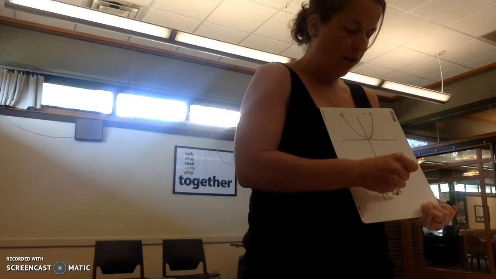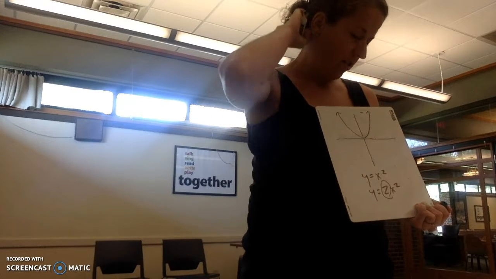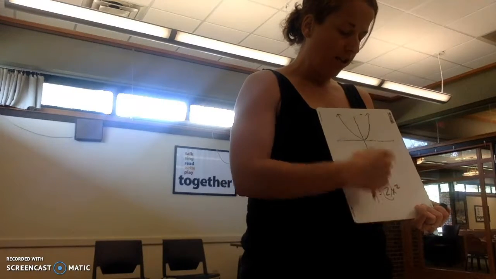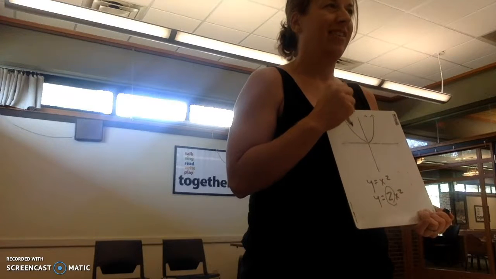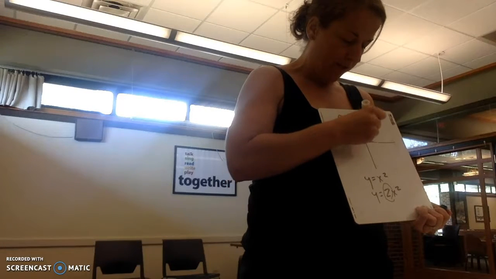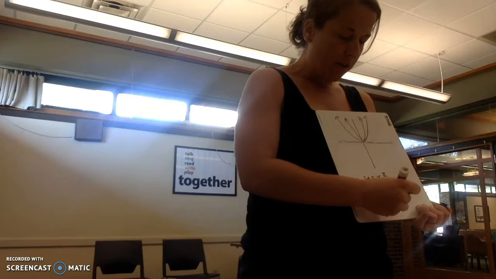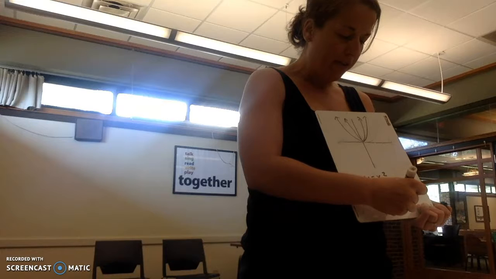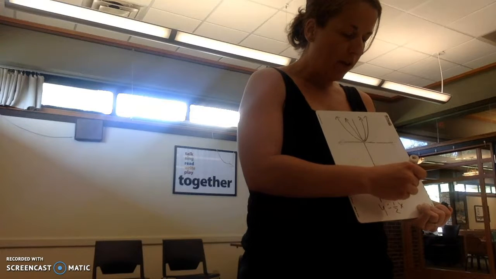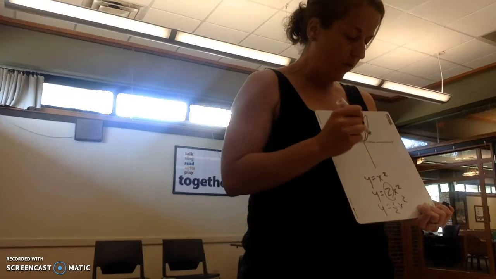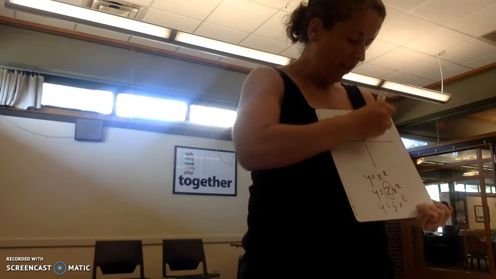Is 2 larger or smaller than 1? Larger. So if a is larger, the parabola gets smaller. Yes, so that would be this one here. What if it is y equals 1/2 x squared? Is 1/2 larger or smaller than 1? It's smaller than 1, so the parabola gets larger.